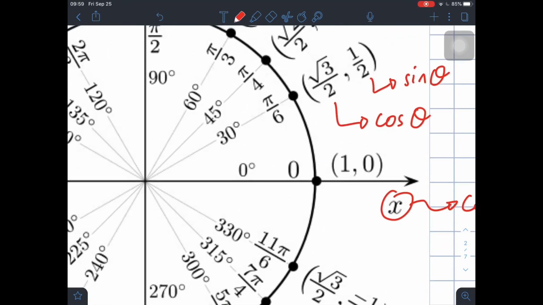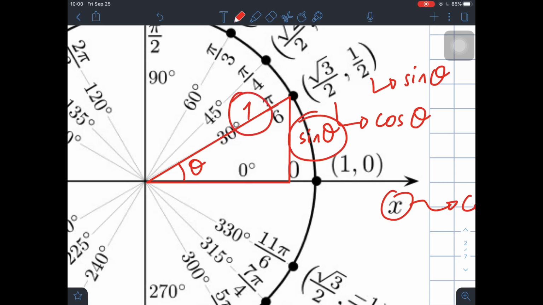If we zoom in on this triangle over here, for example, the 30 degrees triangle, you would see that sine, for example, is this side over here, right? Because sine is opposite over hypotenuse. And if we assume that this is a circle with a radius of 1 unit, then the opposite is sine, the hypotenuse is 1.